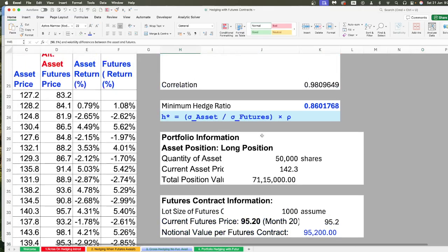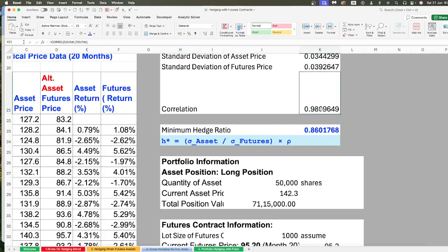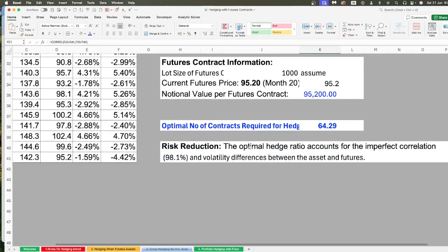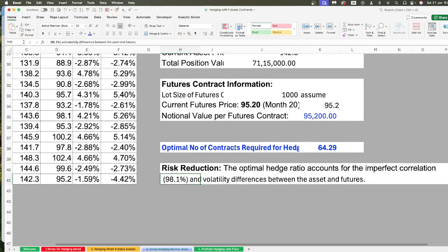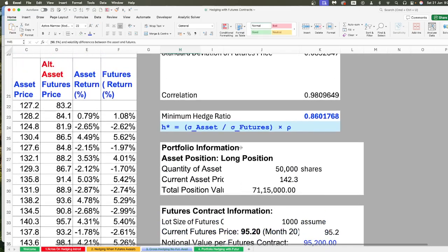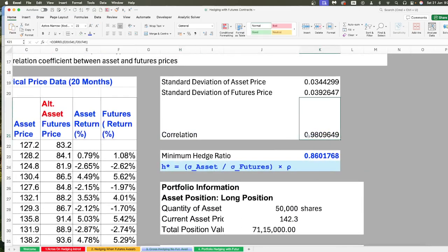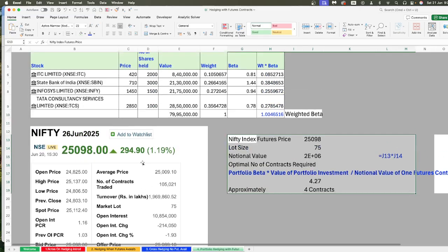In this situation, the correlation is 0.98, somewhere around 0.981. So it accounts for the imperfection in the correlation and the volatility differences between the asset price and futures. The purpose of the hedge ratio is to address the imperfection in the correlation, since it is not exactly 1, it's 0.98.